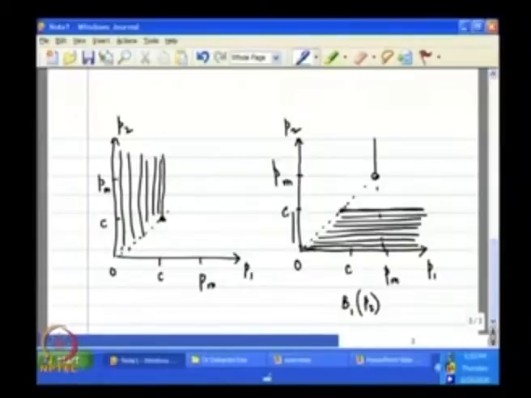At C, if firm 1 is charging the price C, not only those points which are on the vertical line will be covered, but the CC point will also be covered. So, I have a black dot from C to PM. So, this is the point PM. From C to PM, there does not exist any best response for firm 2.